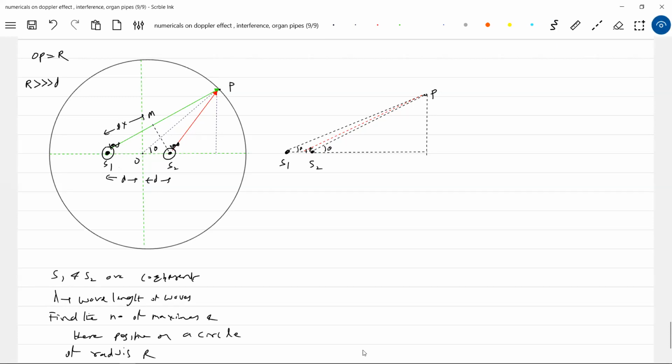All three should subtend the same angle. What is the reason for that? Because R is very much greater than d.